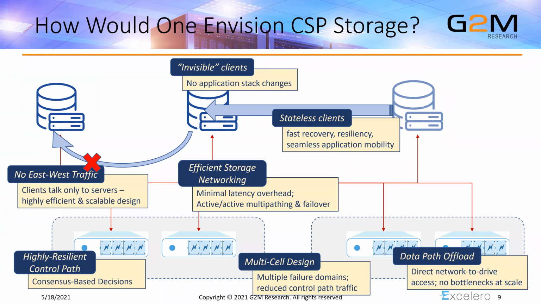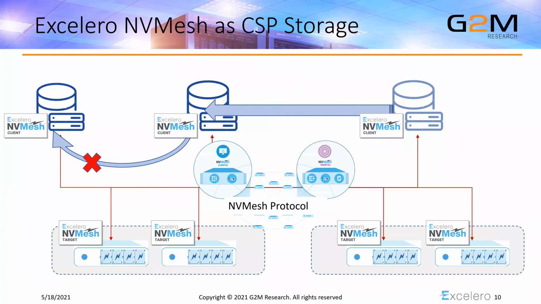So getting CPUs out of the data path, especially at the focal point of the operation, which is the target side, is very important. Obviously, the hyperscalers, with all their means, solve this in-house. But their solutions are out of reach for the vast majority of CSPs until now.